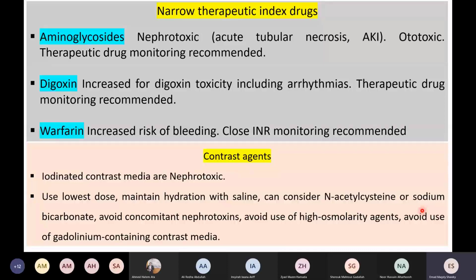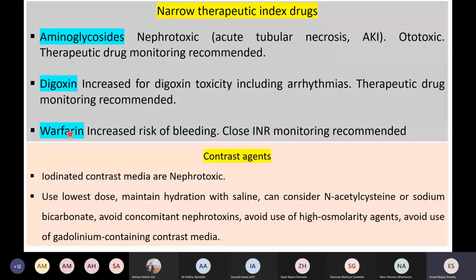So the aminoglycosides, digoxin and warfarin can very easily cause drug toxicity in the chronic kidney disease patient.